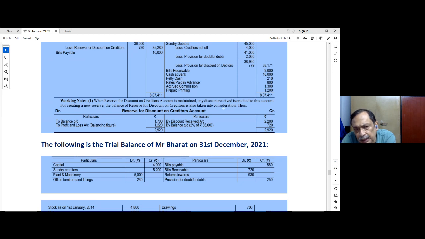That is, to balance BD, by discount received, by balance carried down. That is 2% of 36,000. And the amount that will go to the P&L account, that is the balancing figure, that is 1,220. So total comes to 2,920.